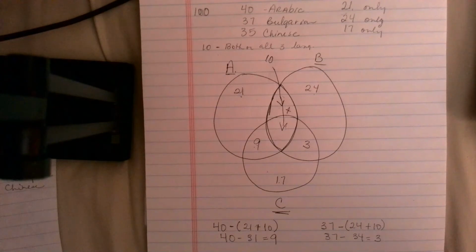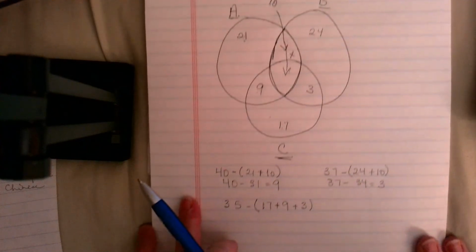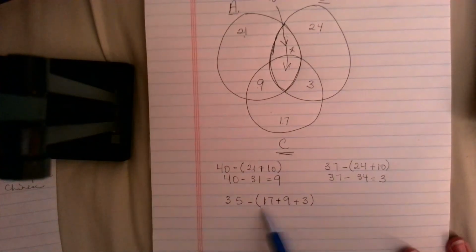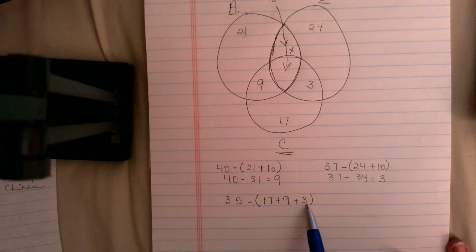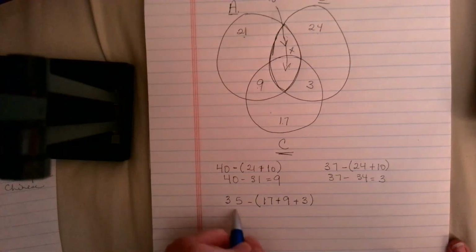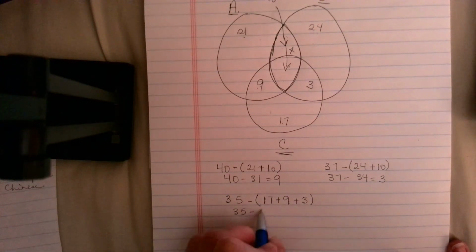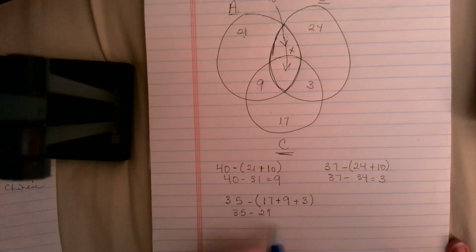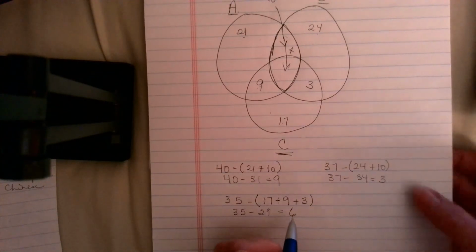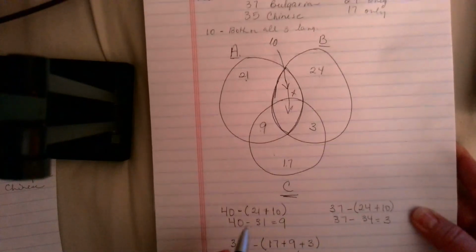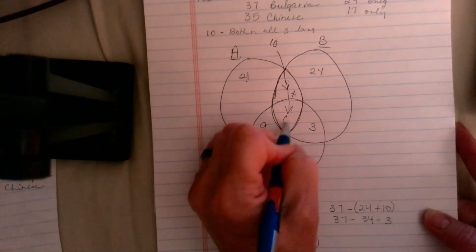And when I add these, I've got 17 and 9, which is 26, plus the 3 is 29. So 35 minus 29 is going to give me a total of 6 students. So I have 6 students right here.